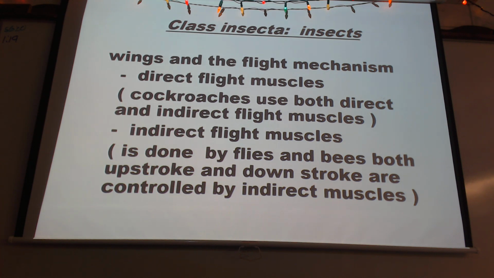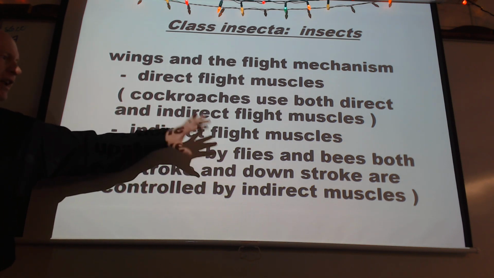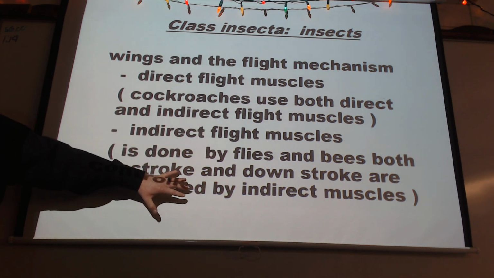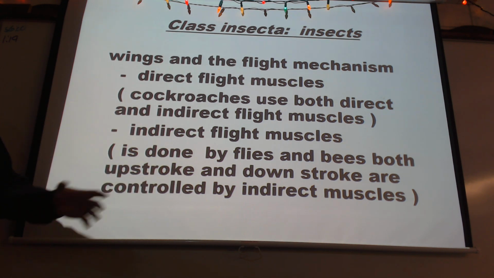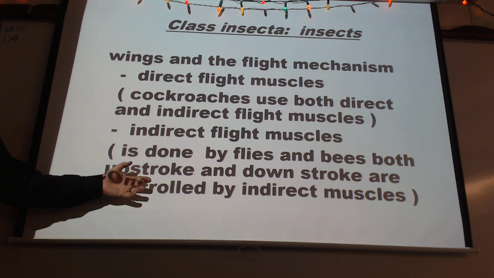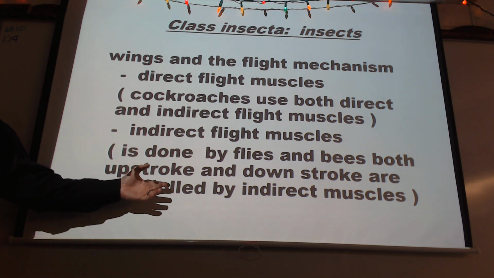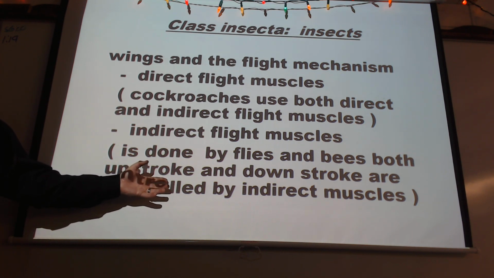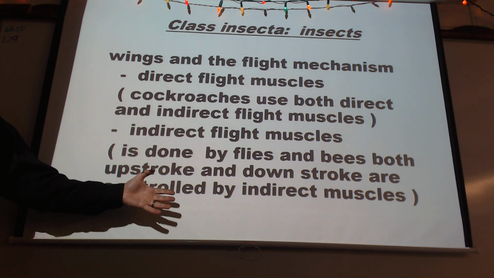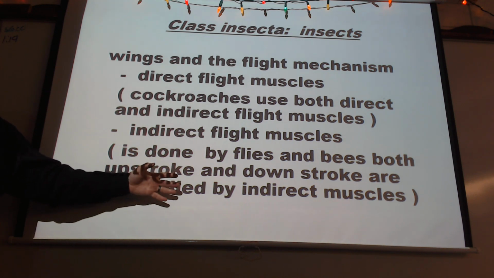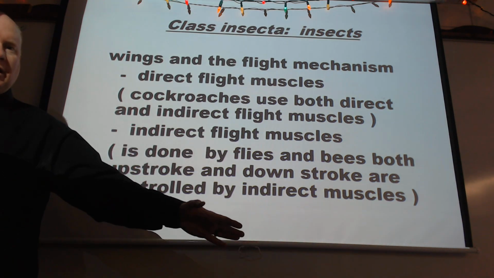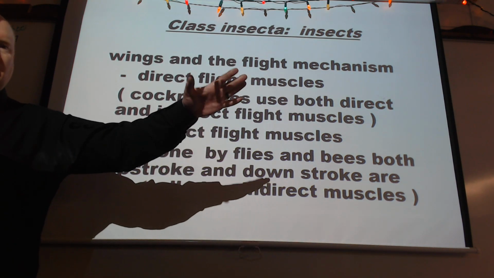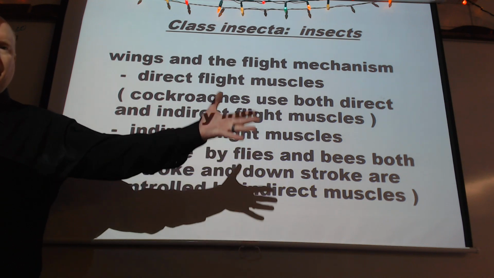And when we say direct and indirect, we're talking about how these muscles actually attach to the wing. Because of this, when we look at these, they're flapping their wings quite fast. No surprise. That's why you hear them. But what happens, they create a movement down like this, and then up, and then down, up, and down.